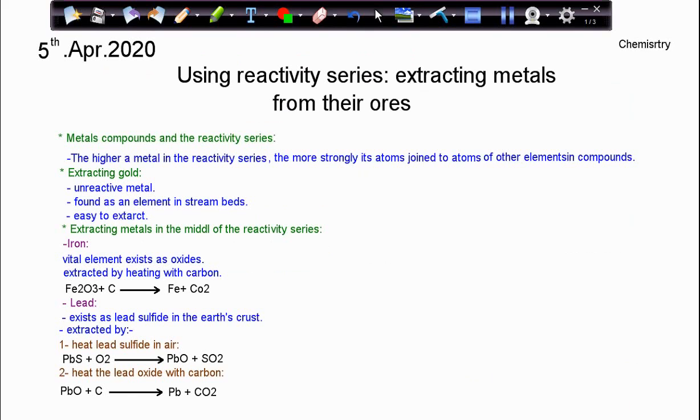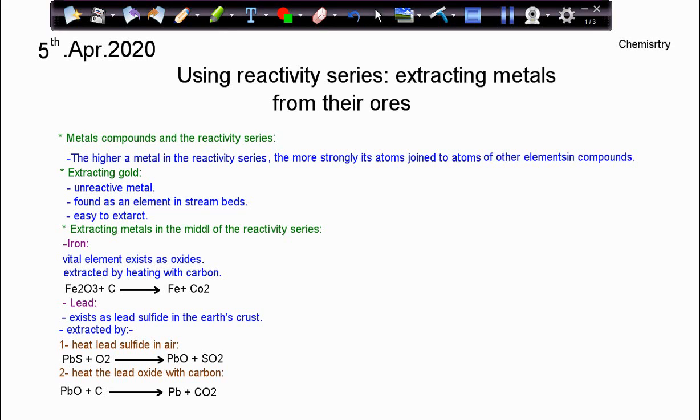So, metal compounds and the reactivity series. The higher a metal in the reactivity series, the more strongly its atoms join to atoms of other elements in compounds. How can we extract gold? By panning, because gold is unreactive, so we can find it as an element in stream beds, and it is easy to extract.